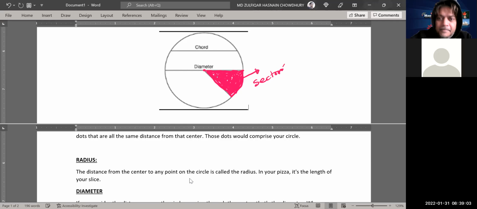A sector? Yes. So if you consider your circle as a pizza, and from the center you cut along two radii, the pizza slice or the piece that you get from the circle is known as a sector.